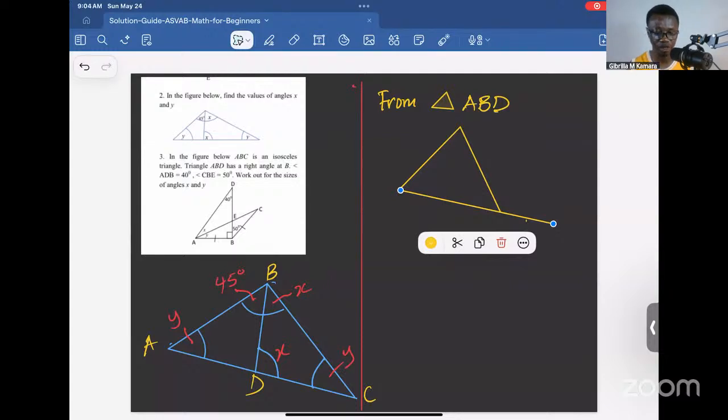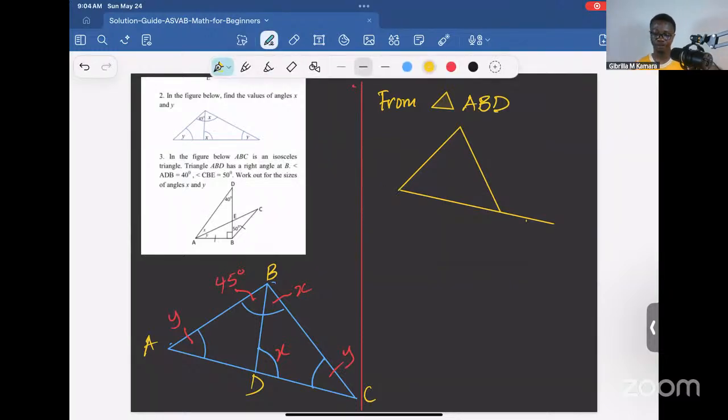So now this is A, this is B, and this is D, right? And this angle here is 45. This is Y. Outside this, we have X. So because of that, solving this question becomes so easy.